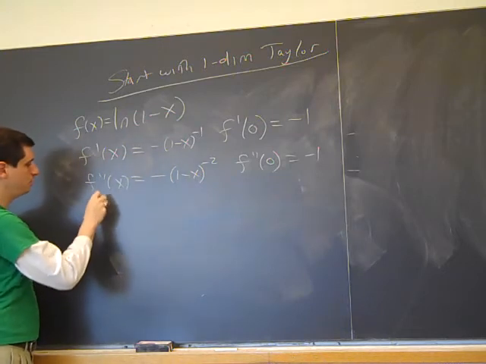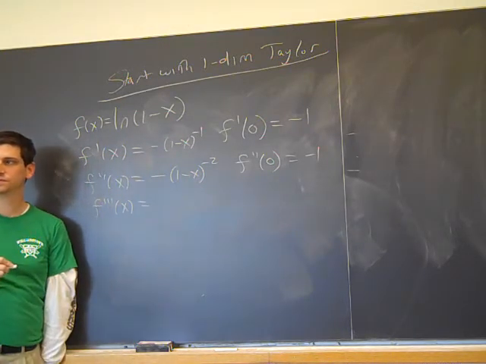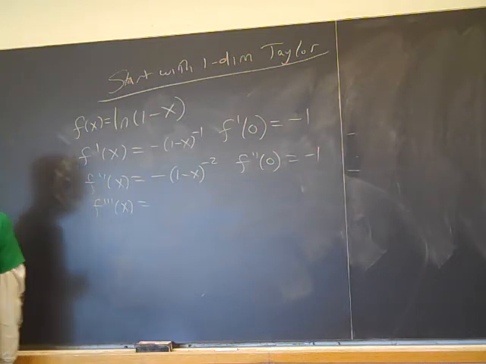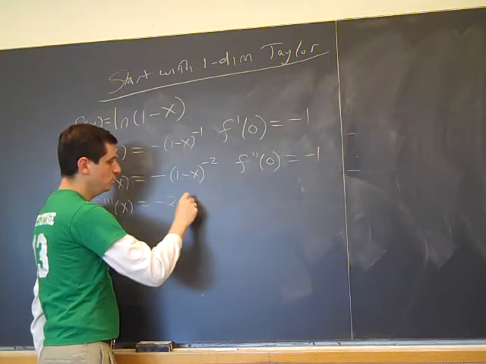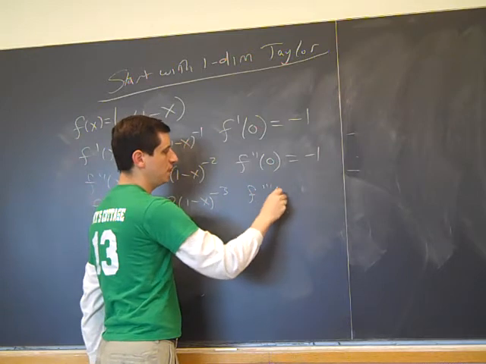All right, f triple prime of x. What will I get? Negative 2 times (1 minus x) to the negative 3. F triple prime of 0.